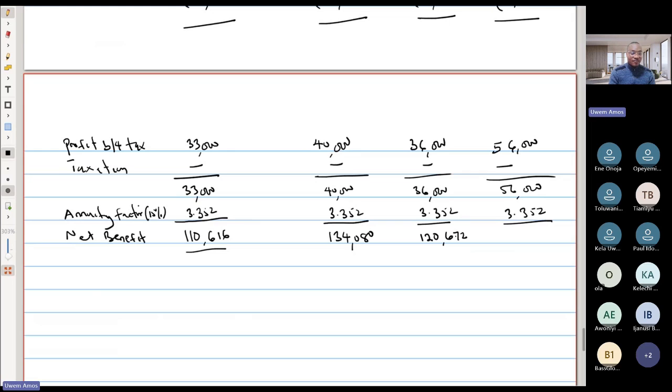And finally, 56,000 multiplied by 3.352 is 187,712. Okay, so let's pause at this point.